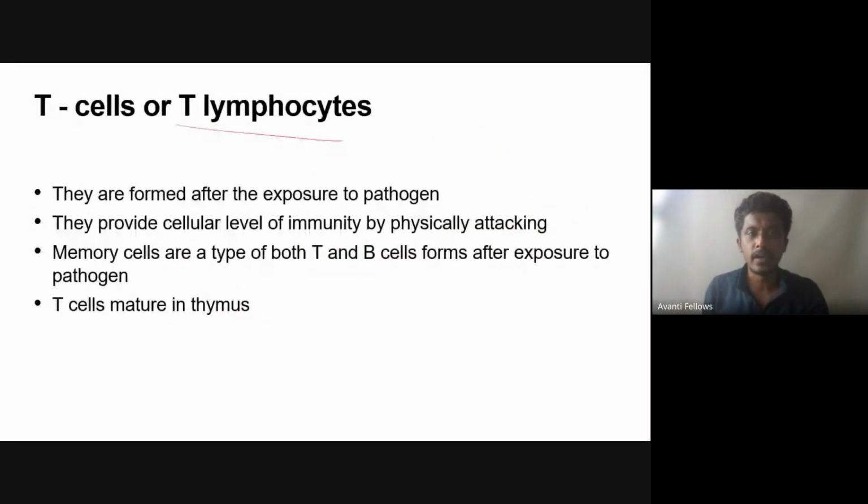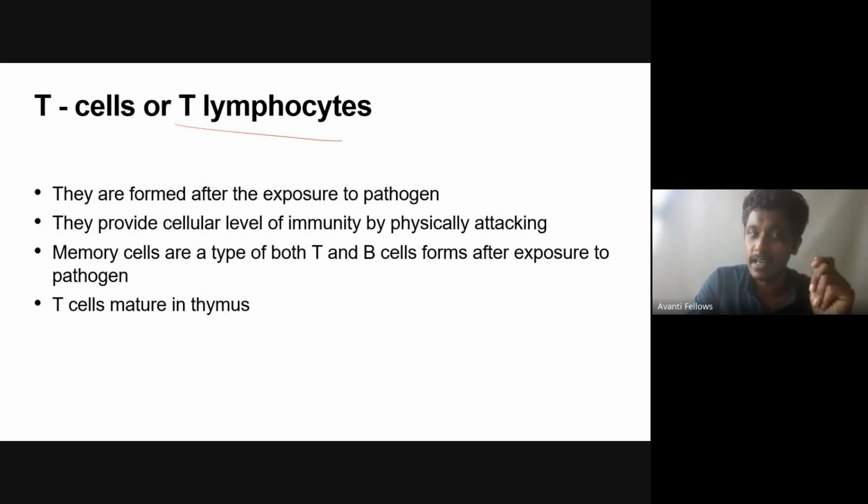T lymphocytes: whenever your cells are exposed to pathogens, for example when you eat something, when you breathe something, or when your body is exposed to some injuries, whenever there is an exposure, these T lymphocytes are formed.